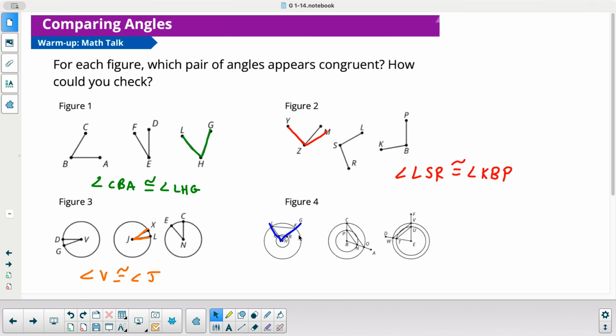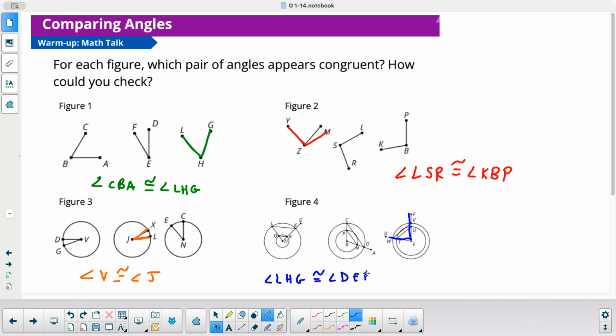GHL looks like it's congruent to that angle right there. There are so many different ways to name this. You just need a point on this ray or on this segment. So I'll just say angle LHG is congruent to angle DEF. Okay.